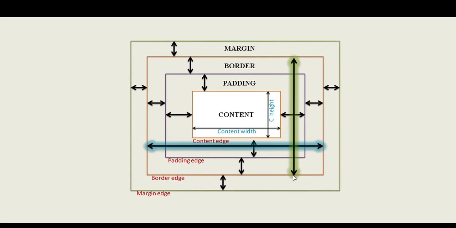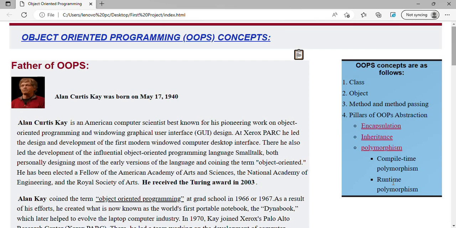This means when you set the width or height of an element, the element often appears bigger than you have set, because the element's borders and paddings will be added to the element's specified width or height. If I take you to our project file, see here, this is our asset element.